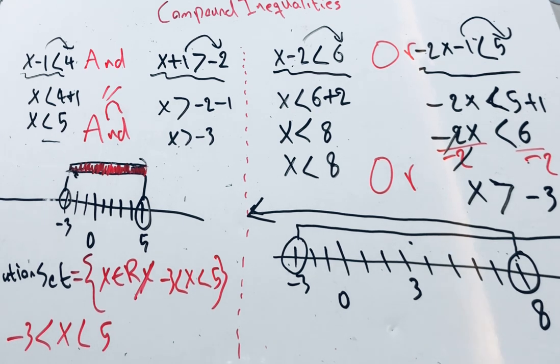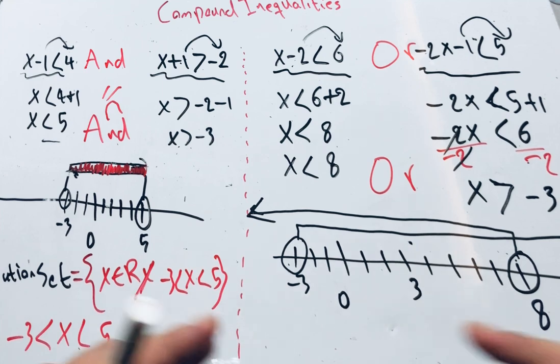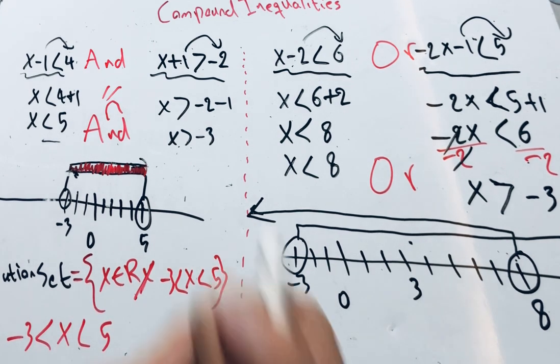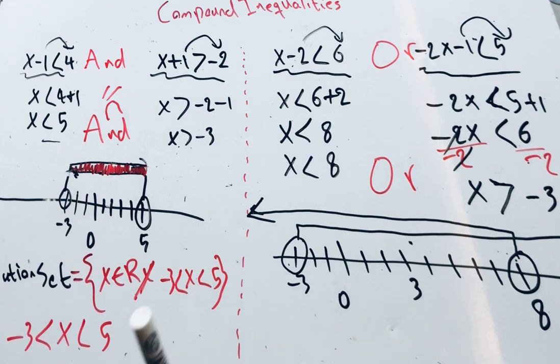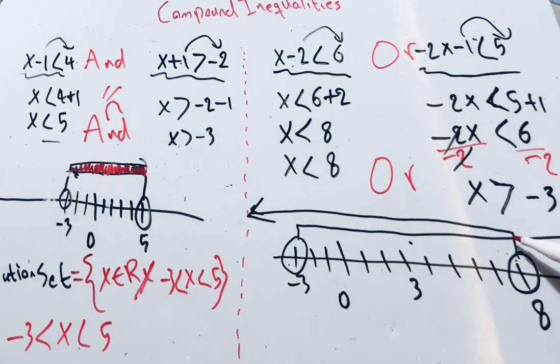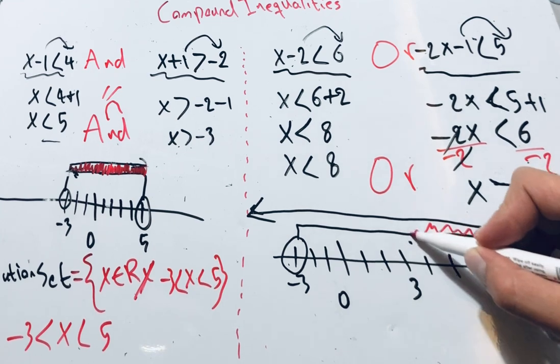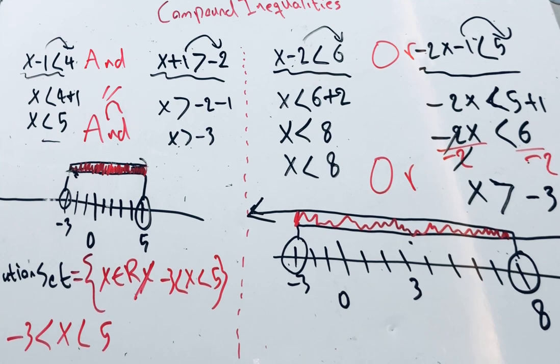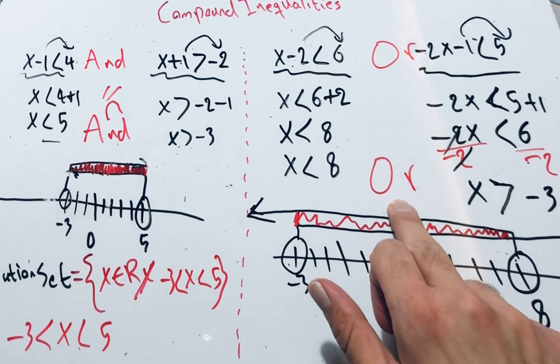If you can notice, it's similar to the previous one. They meet each other and one arrow goes to the right side and never stops. One arrow goes to the left side and never stops. There's only one difference. You can go ahead and shade what is common between them, even though it doesn't have any meaning, because we have or in between.